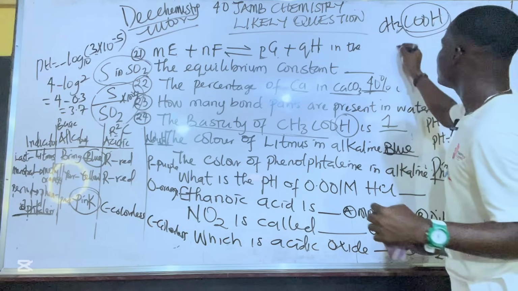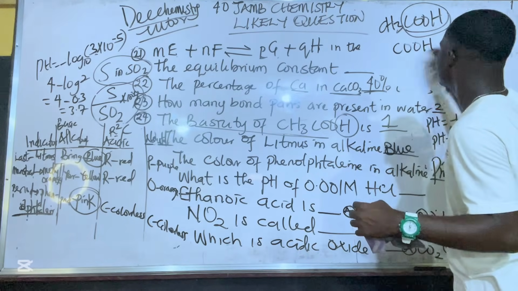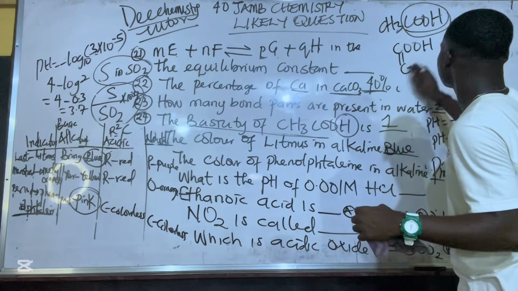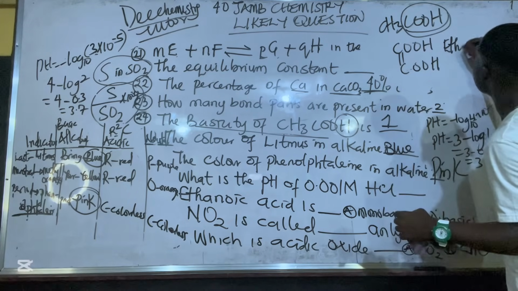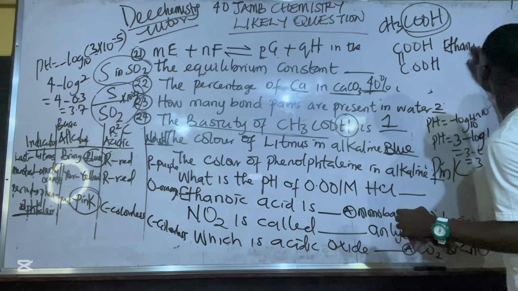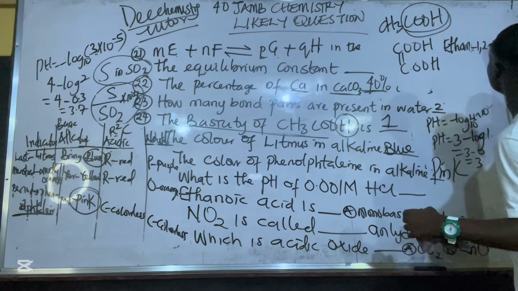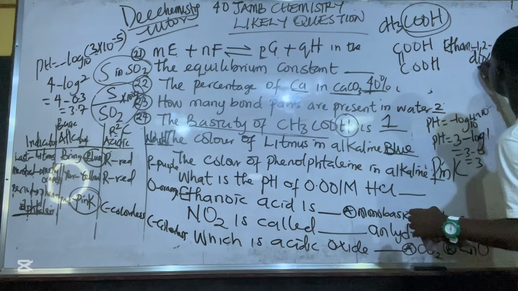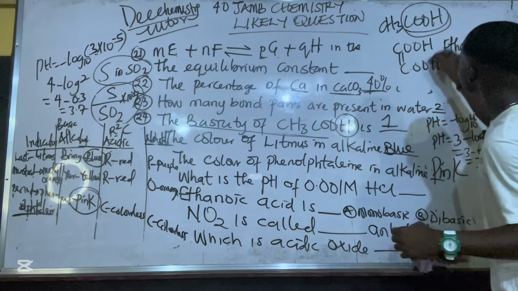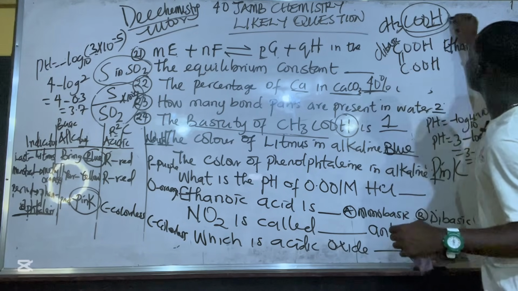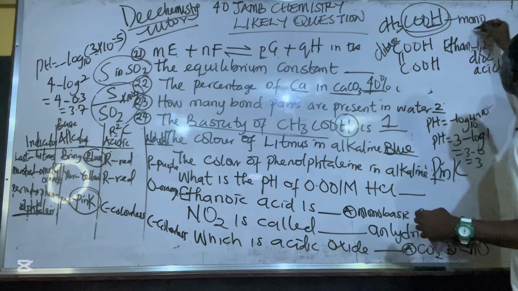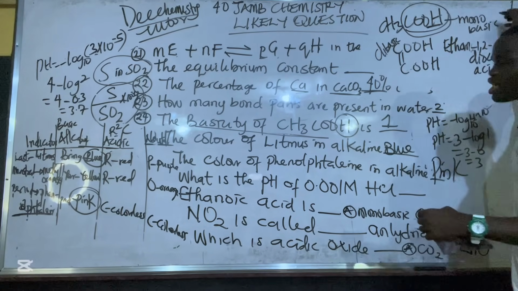But let's say I ask you about ethane-1,2-dioic acid. In this case, it has two acidic hydrogens, so this is dibasic. But because this one is just 1, this one is monobasic. So the answer to this question is monobasic.